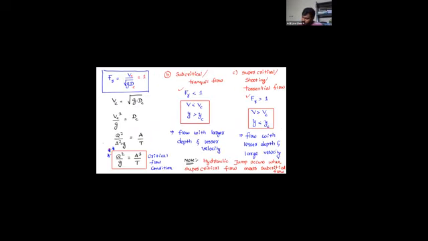Now, Reynolds number. Effect of viscosity.